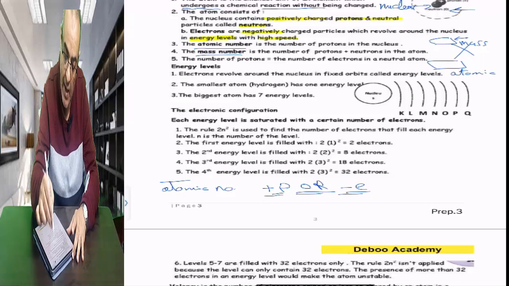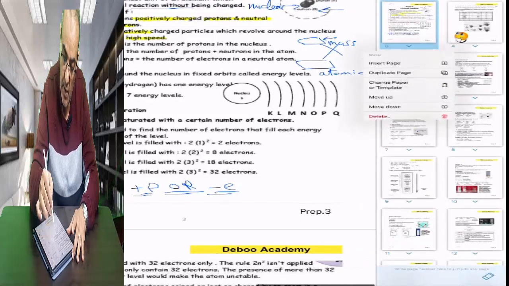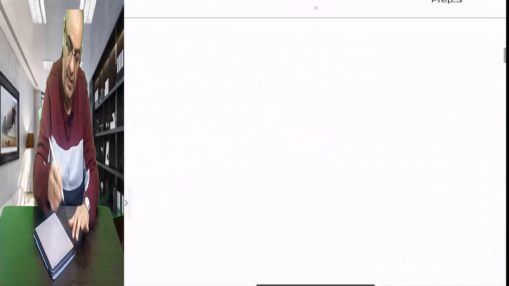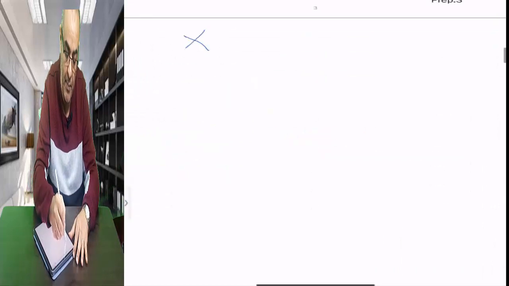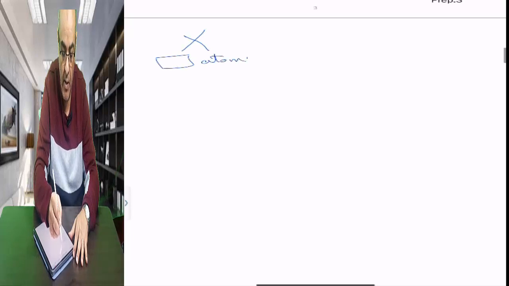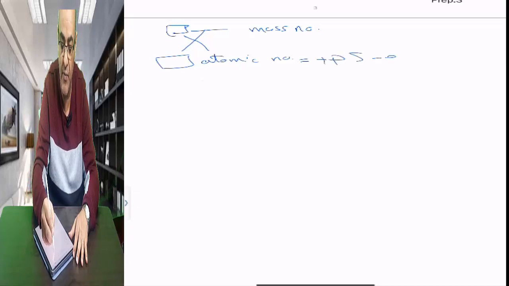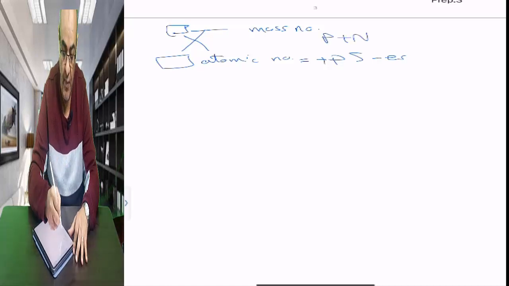If we take an empty page like this, this is the symbol of any atom. Here is the atomic number, and here is the mass number. As we said, the atomic number equals the positive protons or negative electrons, and the mass number is the sum of protons and neutrons.